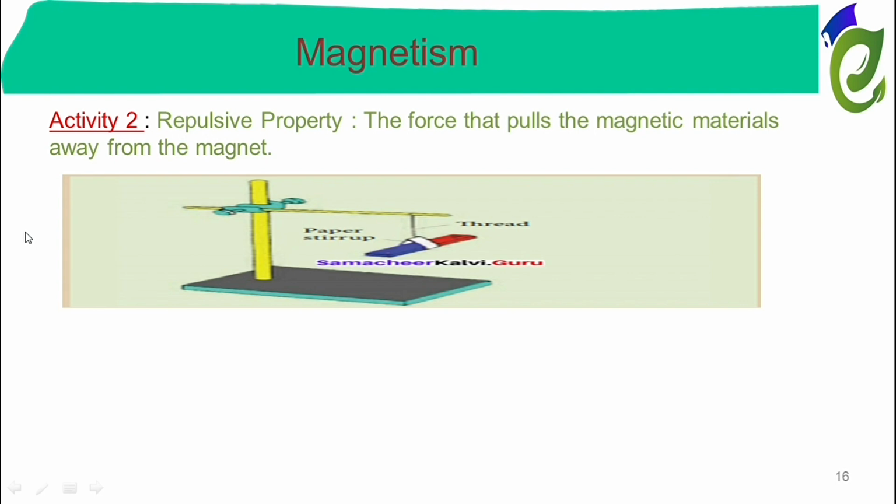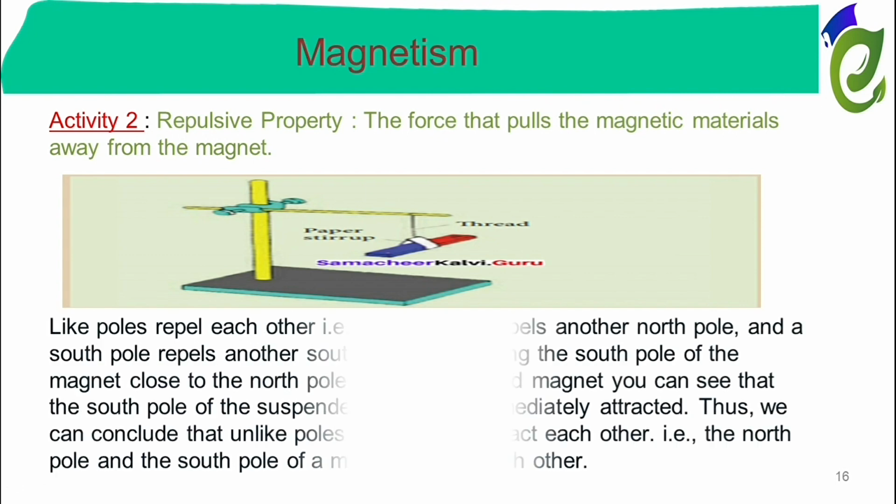I mean, attraction takes place. So, repulsive property suggests that when the North Pole of a magnet is brought near the North Pole of another magnet, it causes repulsion, and repulsion also occurs in the case of South Poles. So, this is about repulsive property. Now you can pause the video and read this.